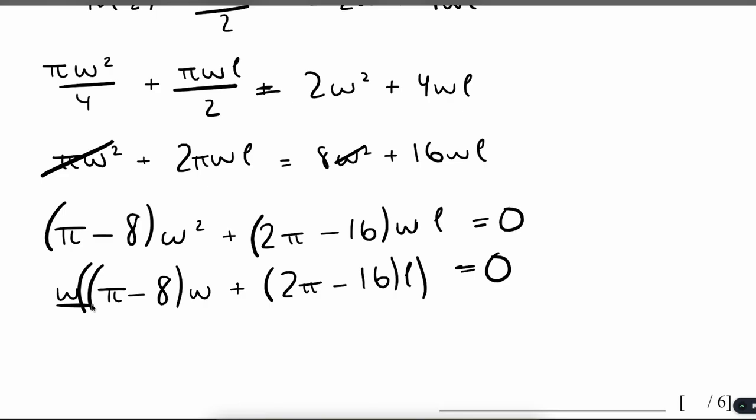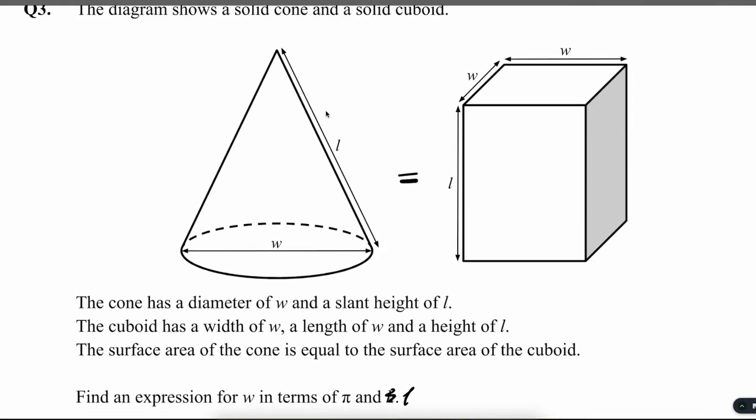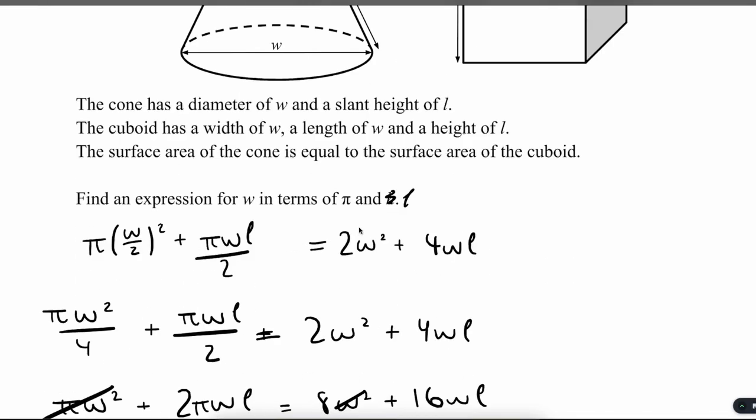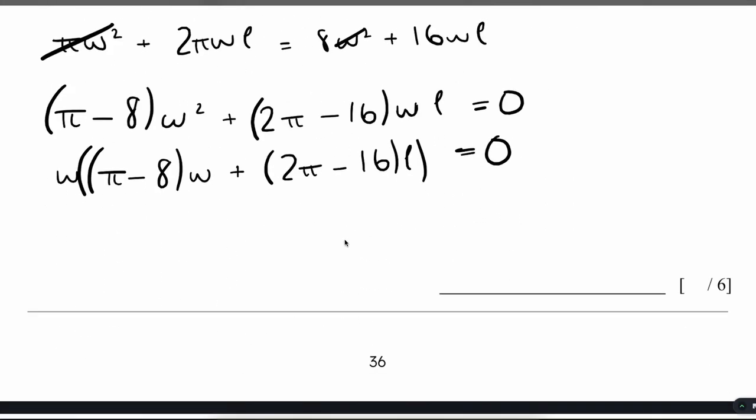So either W equals 0 or this equals 0. Because we're dealing with geometry, we know that we can't have a width of 0, otherwise the shapes wouldn't exist. So we're going to ignore that, and we're going to focus on this solution here. So this lots of W plus this lots of L equals 0.